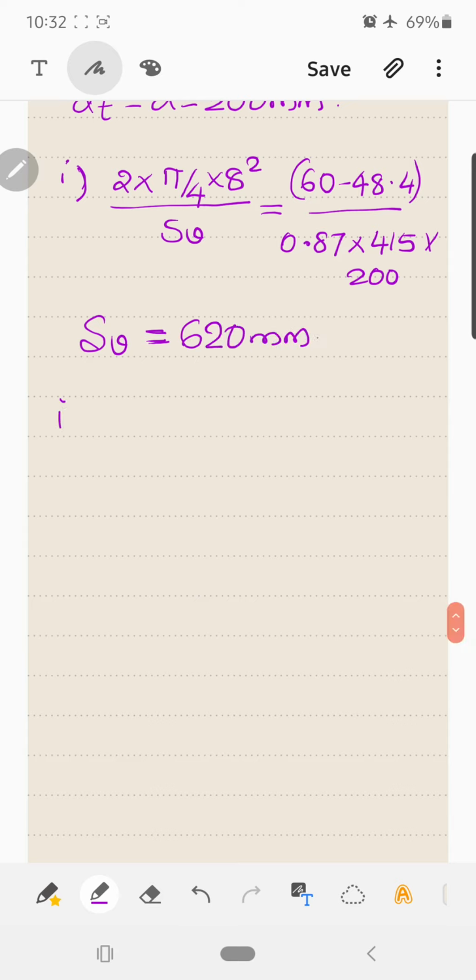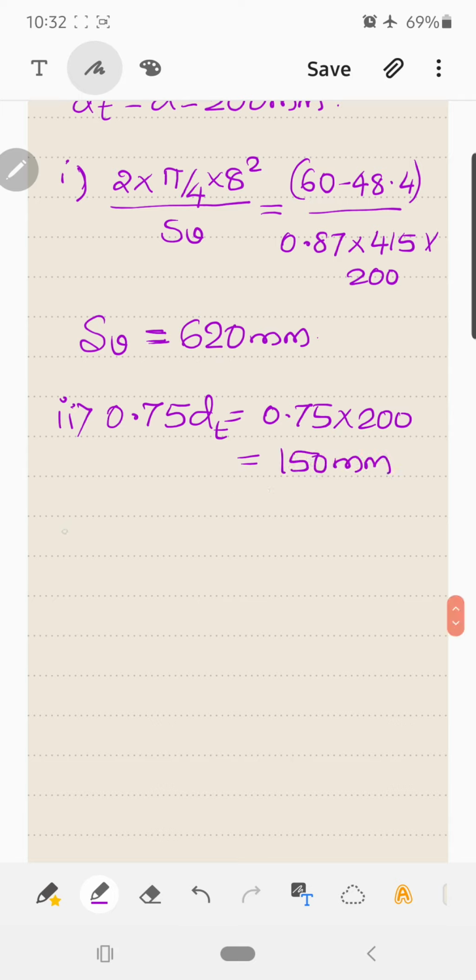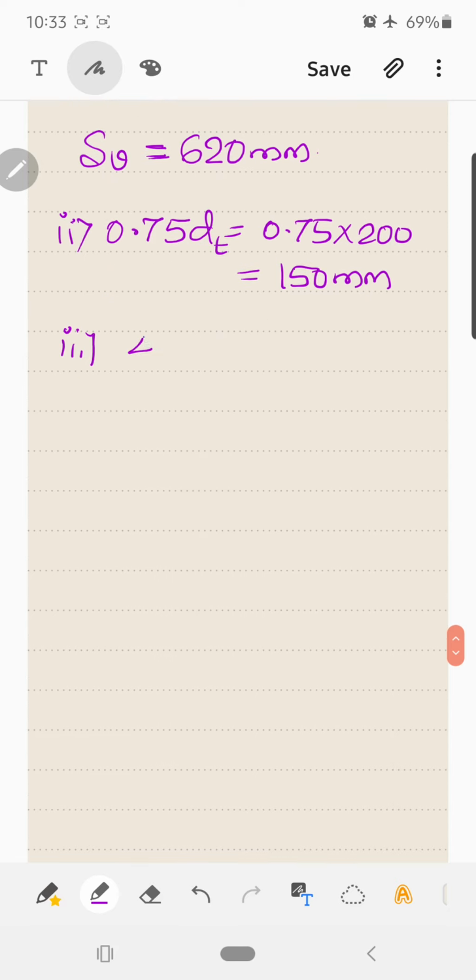That's the first case. Secondly, the spacing should not be greater than 0.75 times dt, so 0.75 into 200, which is 150 mm. Thirdly, it should not be greater than 4 times BW, so 4 into width of the section 100, which is 400.